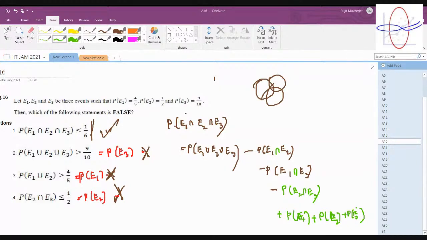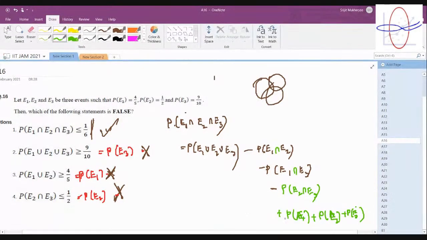Just give me a minute. This was the thing I was planning to show you, the verification of this, so that I don't make a mistake. This is the thing.